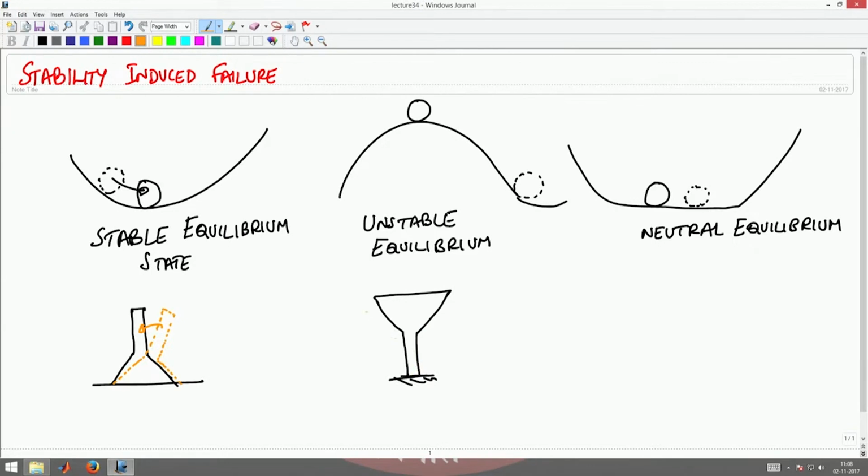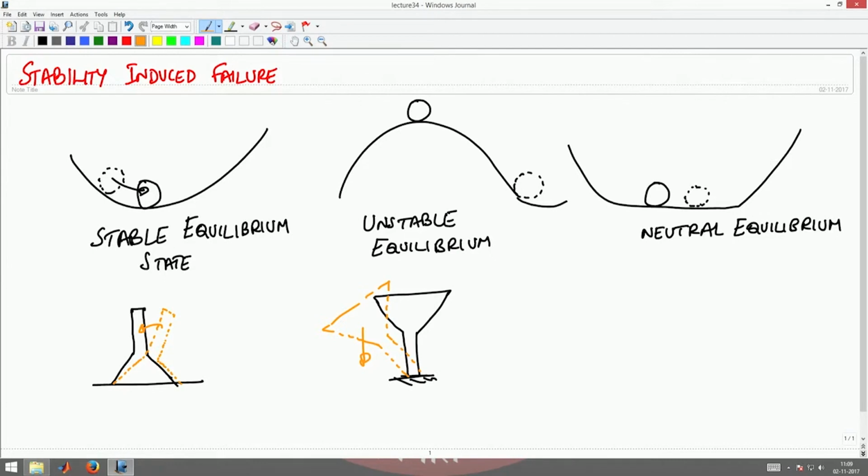If I tip it somewhat like this, the CG falls outside its base and then it will topple over.